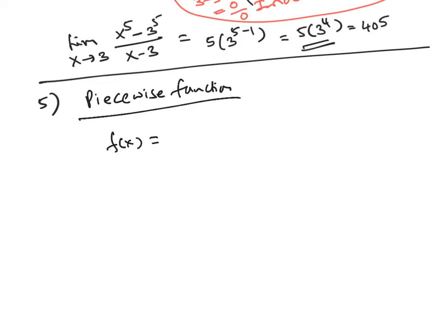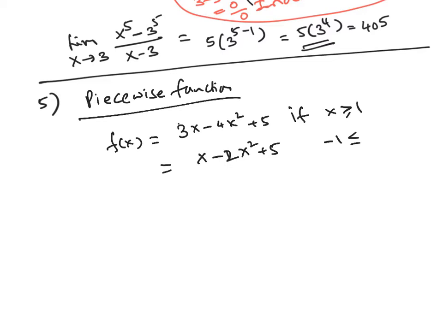For example, f of x equals 3x minus 4x squared plus 5 if x is greater than or equal to 1, equals x minus 2 plus 5 if negative 1 is less than or equal to x is less than 1, equals x plus 2 if x is less than negative 1.